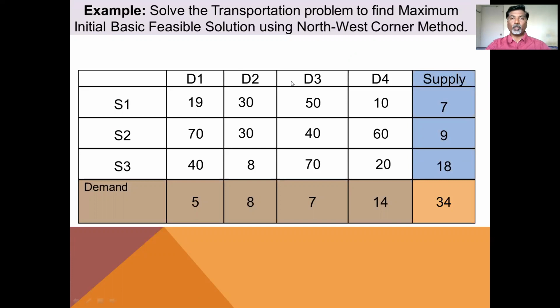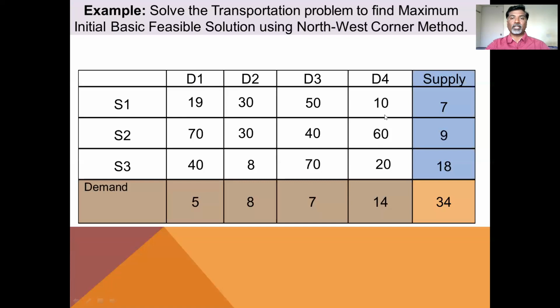Likewise, D1, D2, D3, D4 are nothing but distributors which have demand of 5, 8, 7 and 14 units. So this 19 means if you want to supply a single unit from source S1 to demand D1, then 90 rupees will be the transportation cost.